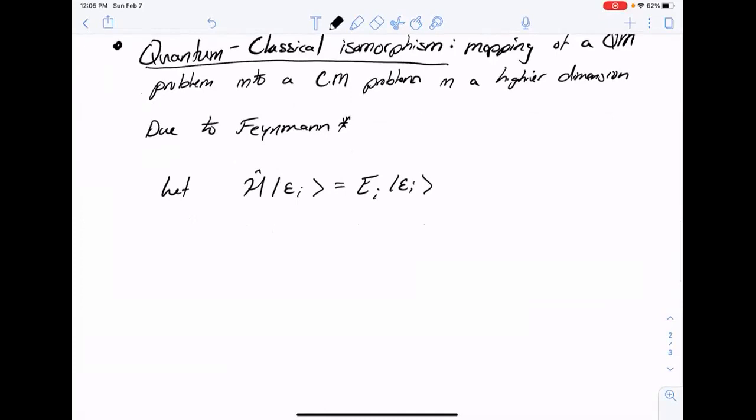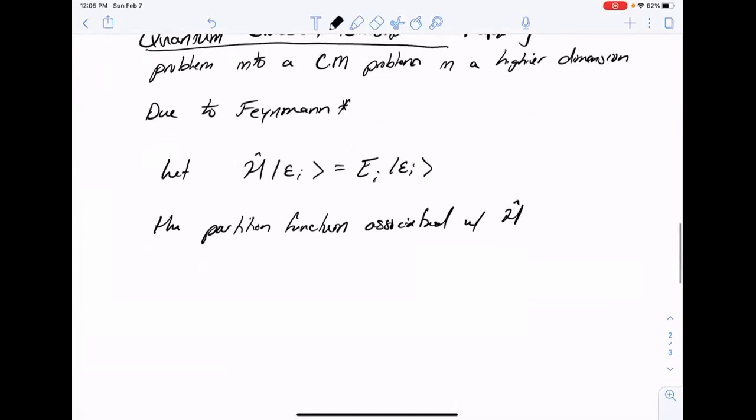The partition function associated with that system can be written down. Let's use Z as the partition function. We'll really emphasize it's the quantum mechanical partition function, and give it a subscript QM.